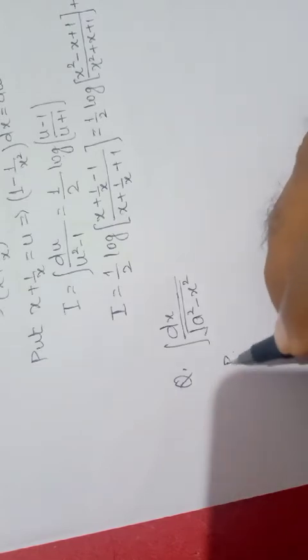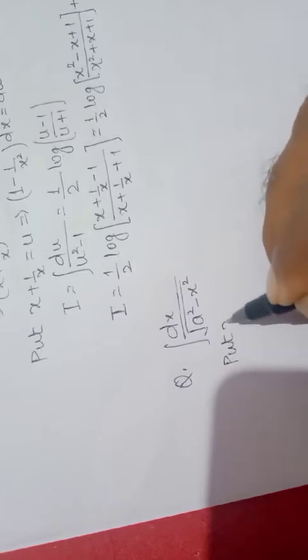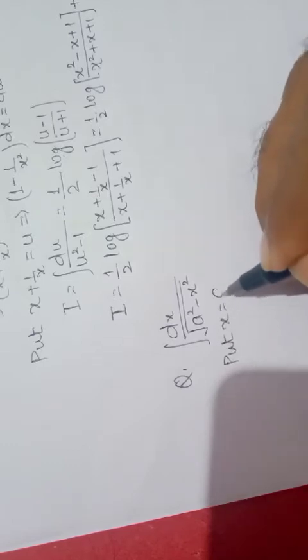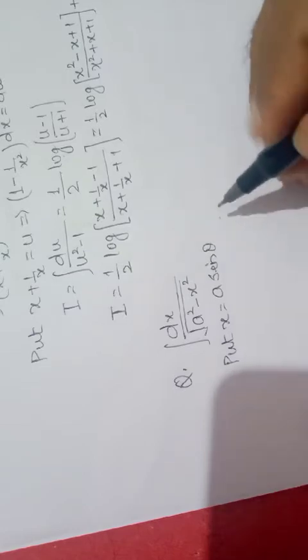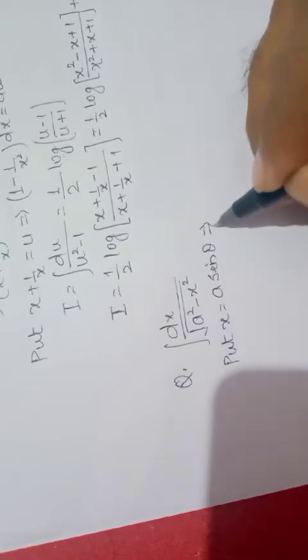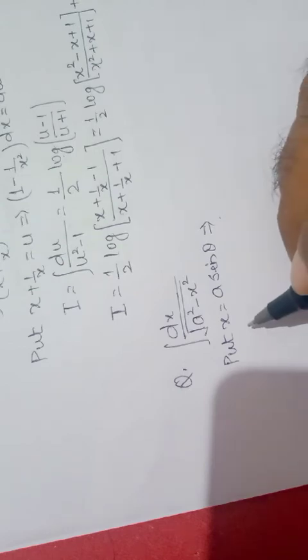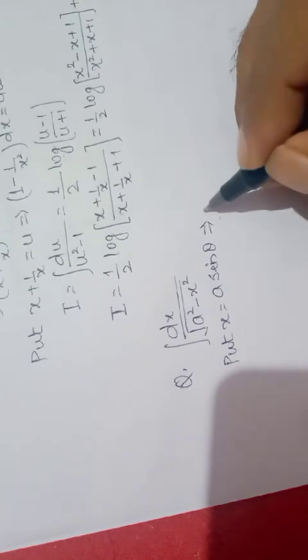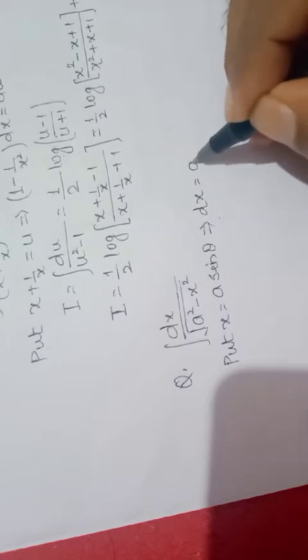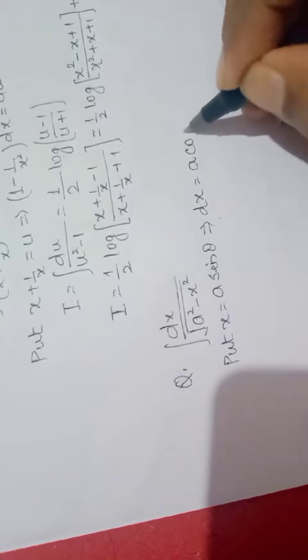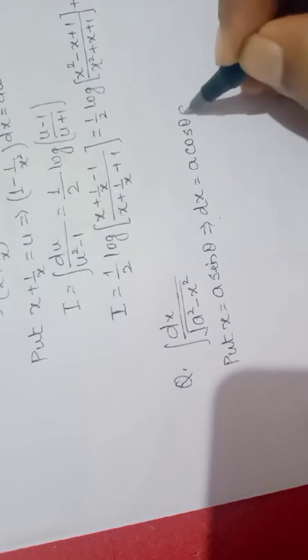Put x is equal to a sin theta. Differentiate it. So dx will be a cos theta d theta.